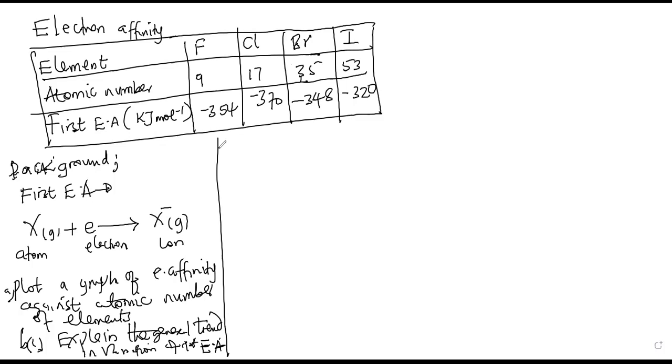Then another part would be: explain why fluorine has an abnormal value.